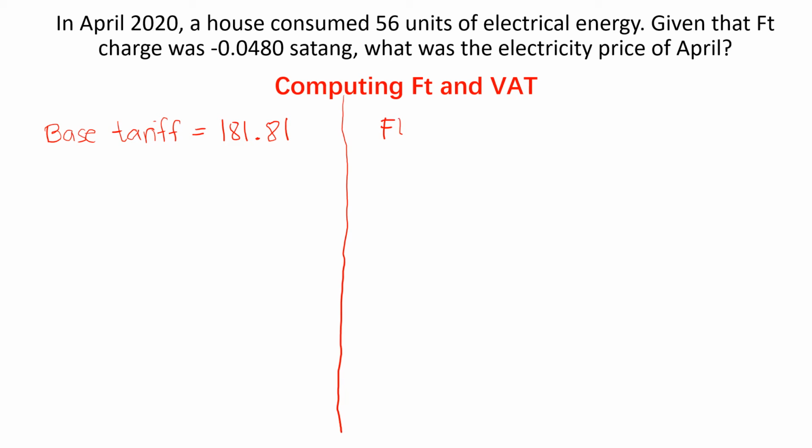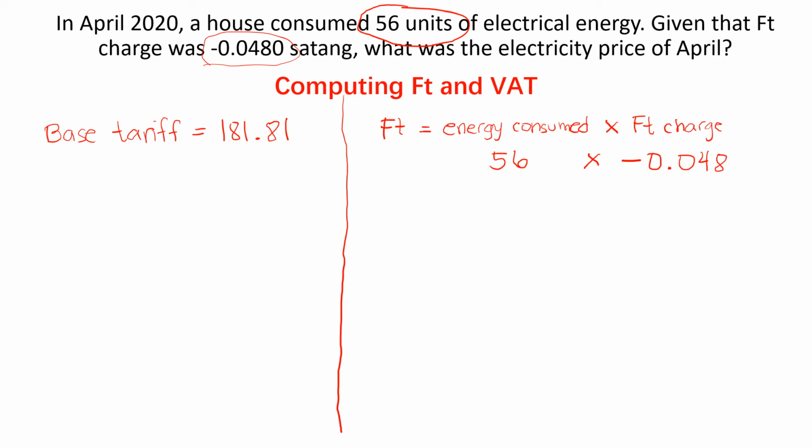To get your FT charge, that will be your energy consumed multiplied by your FT charge. Our energy consumed here is 56 units. So that will be 56 multiplied by the FT charge of negative 0.0480. So what you will get, 56 multiplied by minus 0.0480.